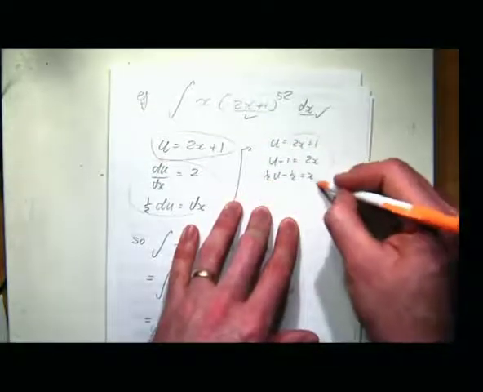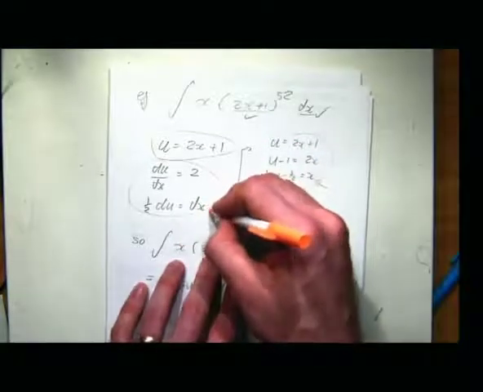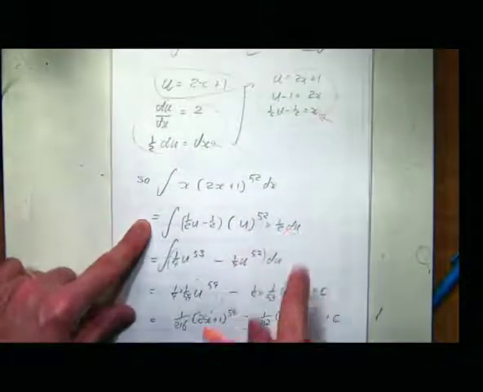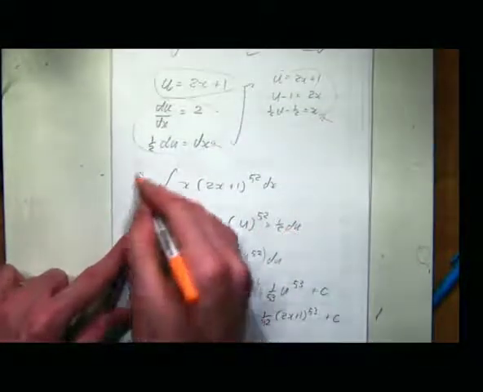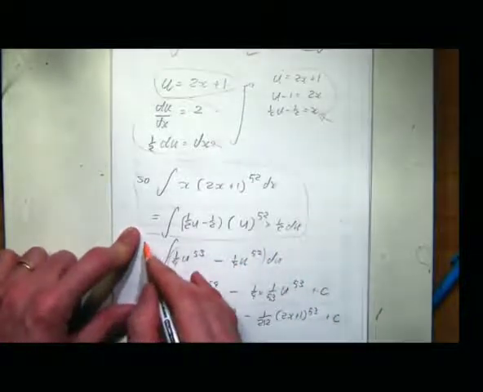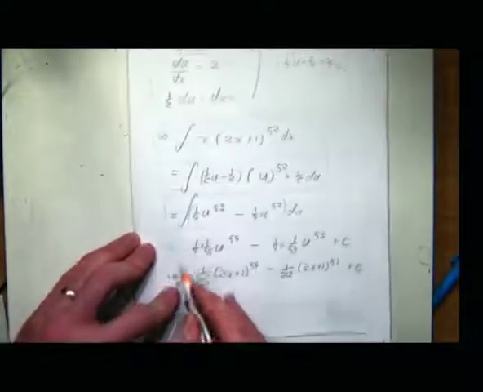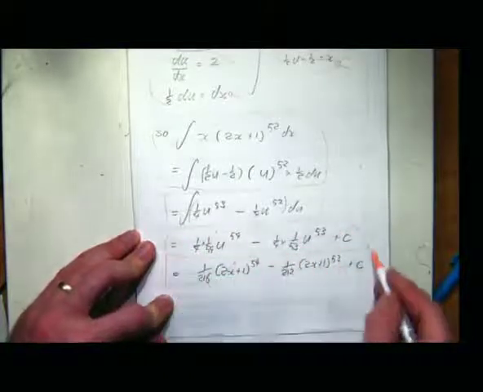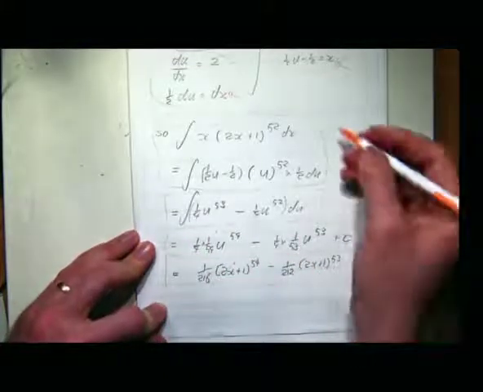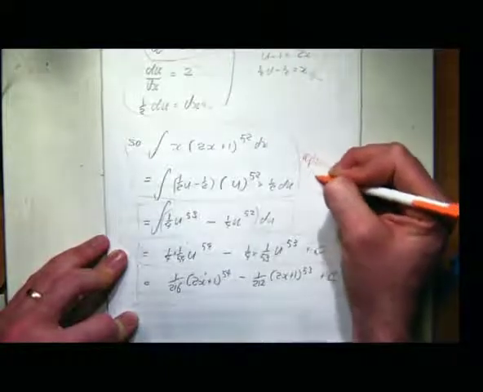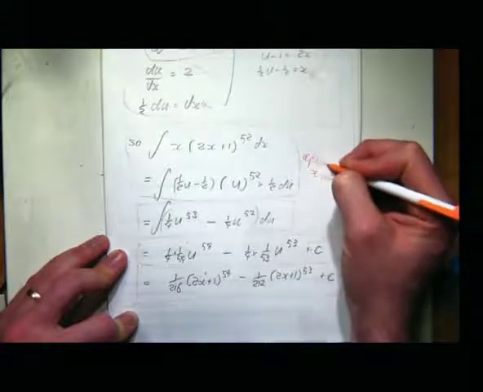That's what I was looking for there. And then I subbed everything in, which is what I did here. And then I expanded it out, which is what allowed me to integrate it. And then I integrated it. And then I put the u's back, the x's back. So this one was replacing x with u.